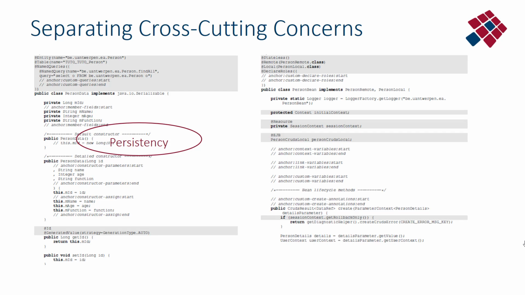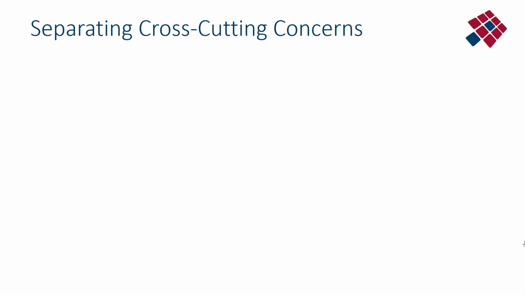And the same is, for instance, valid for a transaction concern, where a certain class performing a creation of a person, you want to provide the transaction functionality, which is typically a cross-cutting concern provided by a framework, but tapping into that framework, interconnecting to that framework requires some dedicated lines of code which should be separated and well encapsulated in a separate class.